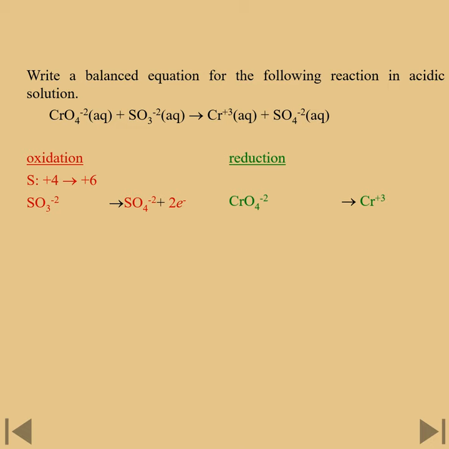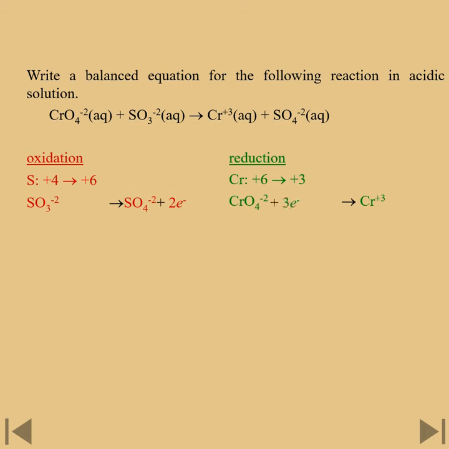For the reduction half reaction, well, we already saw that chromium went from +6 to +3. Again, we might write that +6 above chromium in chromate, and the +3 above chromium in the chromium 3 ion. And so, how many electrons are on what side? 3 electrons on the left.